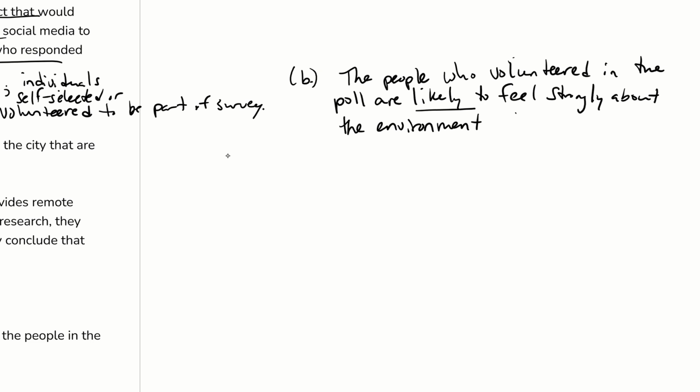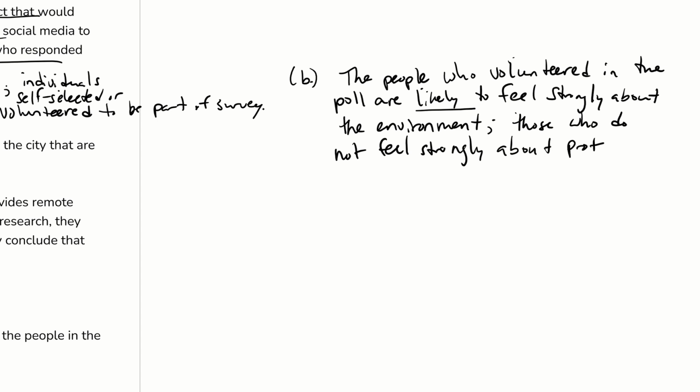So say are more likely. I guess I can say also. Okay, let's talk about the people. So those who do not feel strongly about the environment, about protecting the environment, are less likely to participate or to vote in the poll.